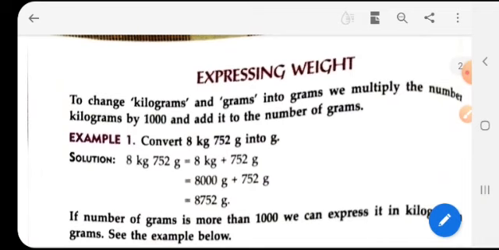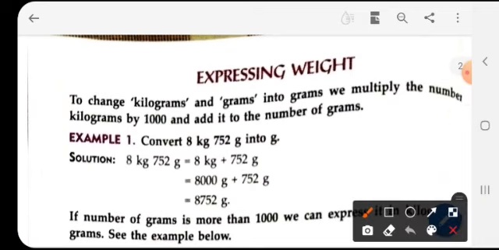Now we have to express and convert the grams and kilograms into a single unit. So here we will learn how to change kilograms and grams into grams.